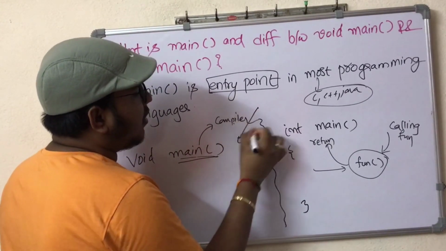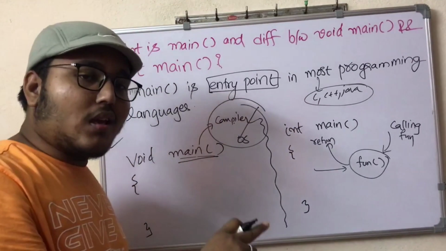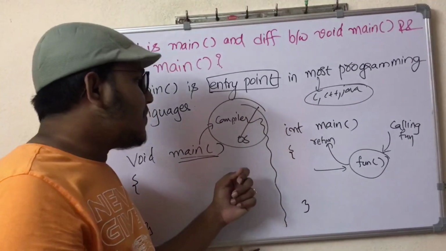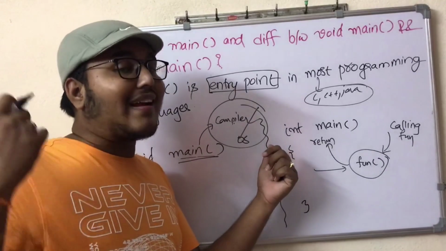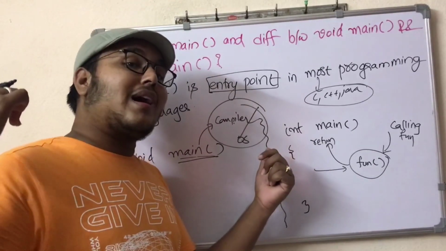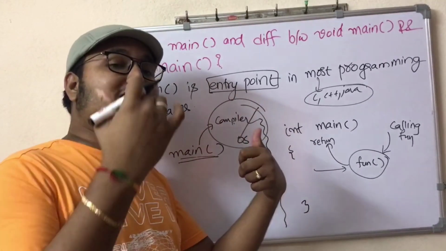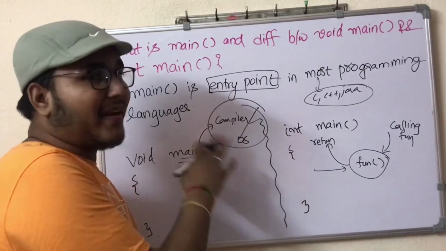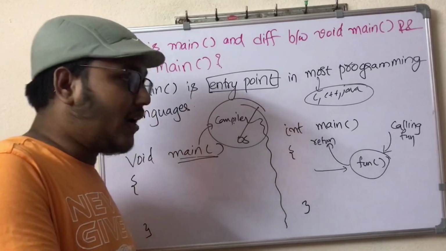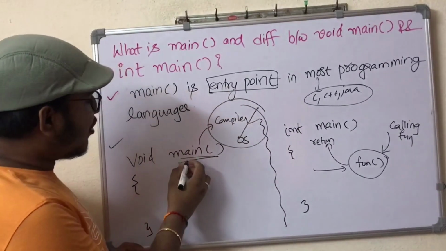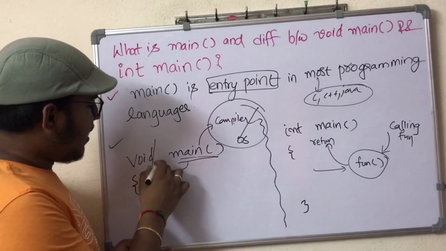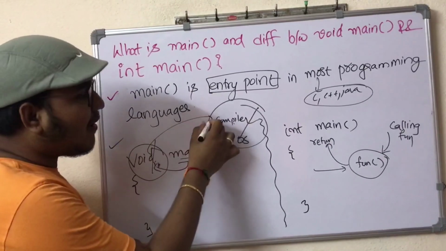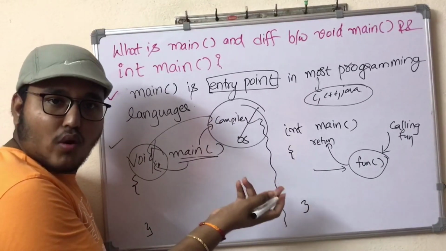So these two are the callers in which the main method is called. Whether I return void or int, it should be returned to the compiler or OS.